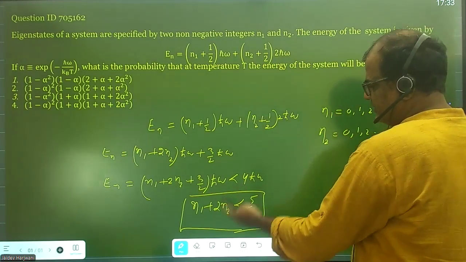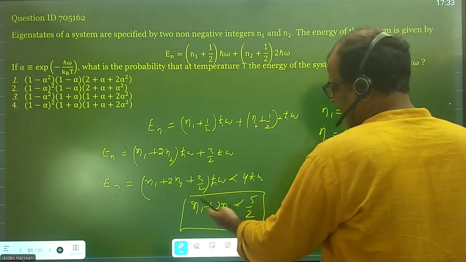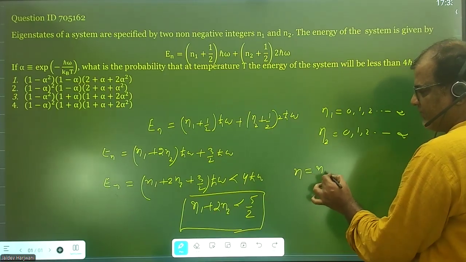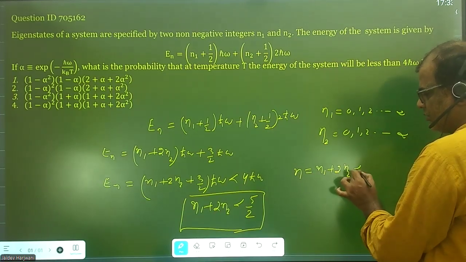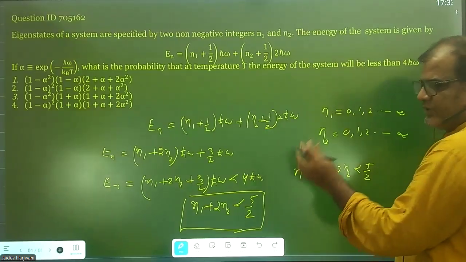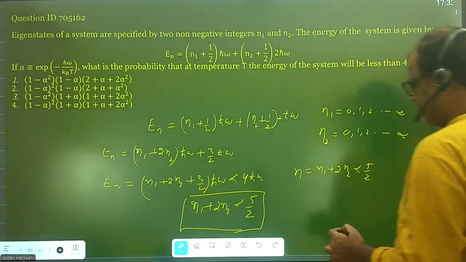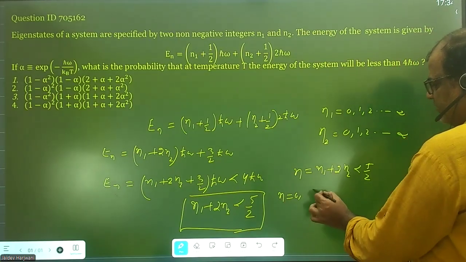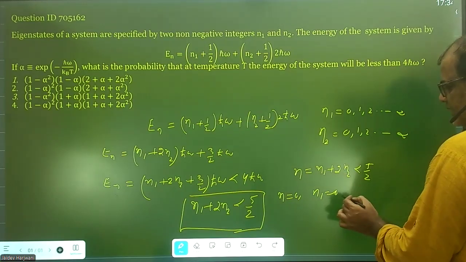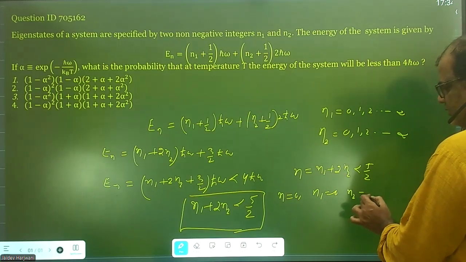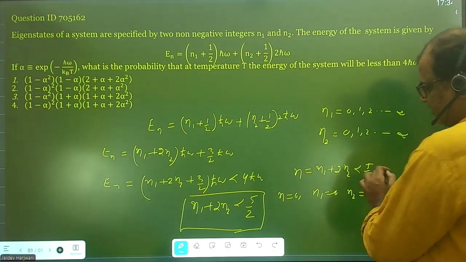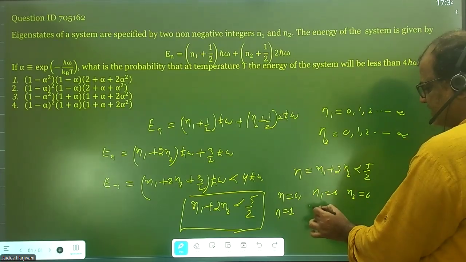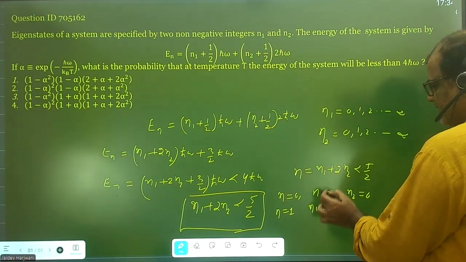Now these are numbers, there are no fractions, so n1 + 2n2 less than 5/2 means it can be only 0, 1, 2. If it is 0, this is only possible when n1 is 0 and n2 is 0. Second case, it can be 1: this is possible when n1 is 1 and n2 is 0.